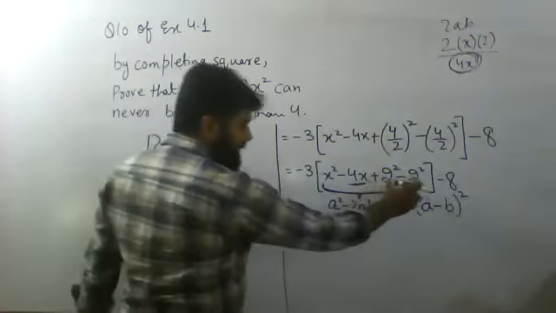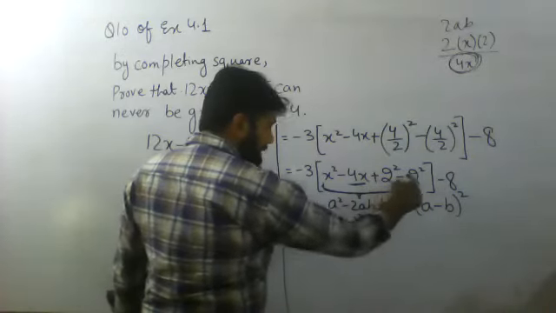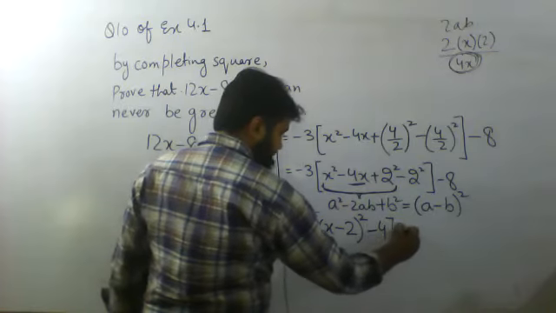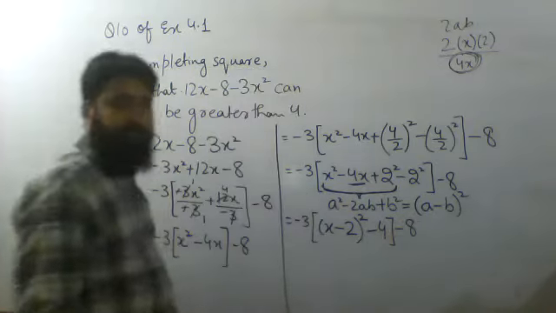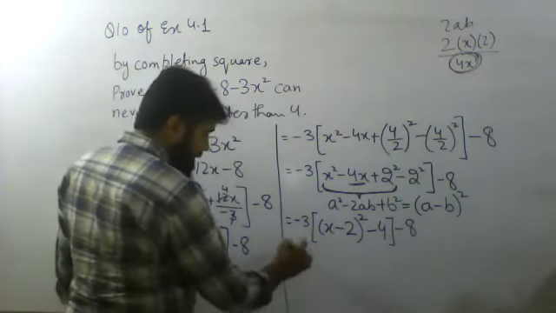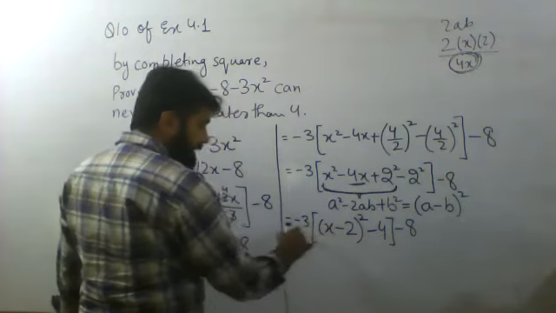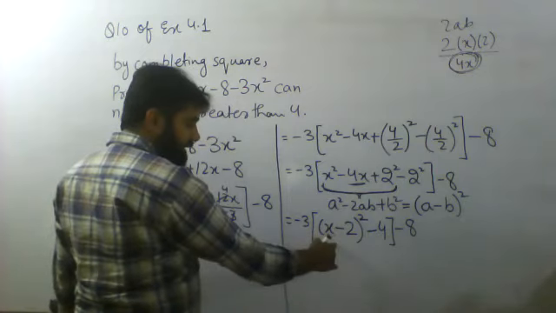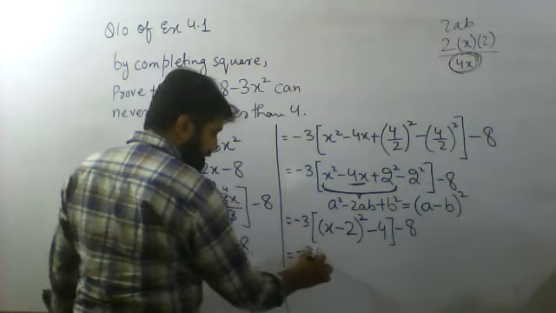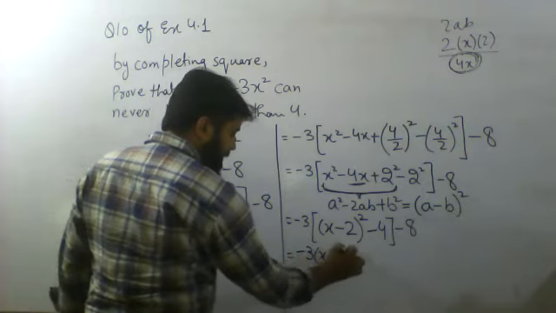After that, now this is left. Minus 2 whole square will become minus 4, minus 8. Simplifying it further, I can't do anything inside the bracket, so I'm multiplying minus 3 inside the bracket. So this will become minus 3 x minus 2 whole square.